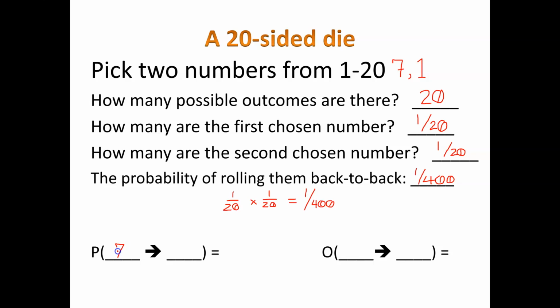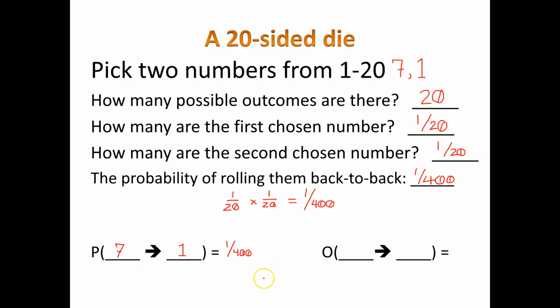We have our arrow, which means and then. And then we put our second thing that we want to happen. The second thing we want to happen is to roll a 1. So the probability of rolling a 7 and then a 1, we know from above, is 1 out of 400.